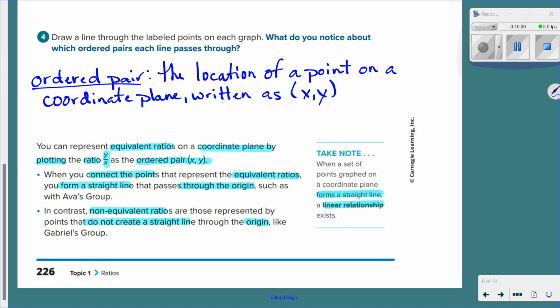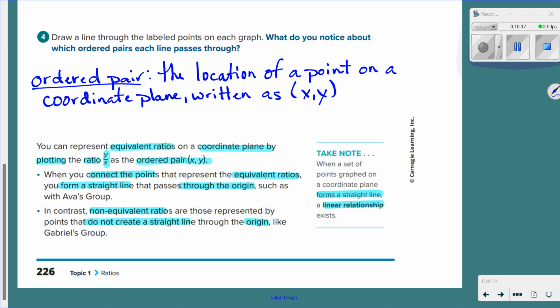For an ordered pair, we must use parentheses. My x-coordinate must come first. There must be a comma separating the two values. In a coordinate plane, there's only two possible values, and y will be your second value. The reason this is so important, this means that any mathematician in the world who looks at an ordered pair will put it in the same place, because this is a hard rule that cannot change. Okay? So you must write the ordered pair as x comma y.